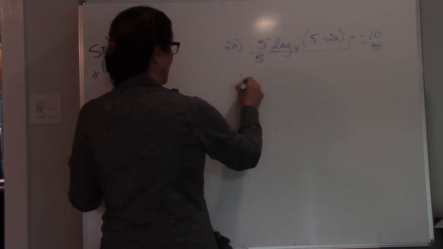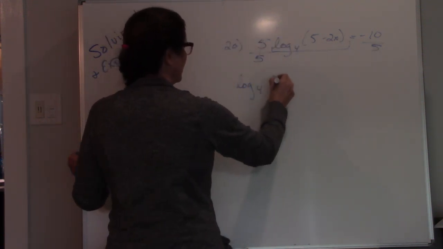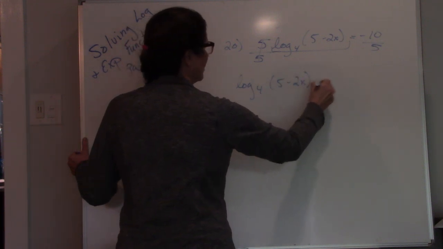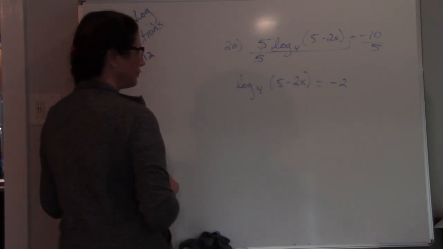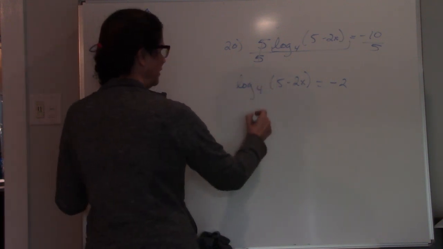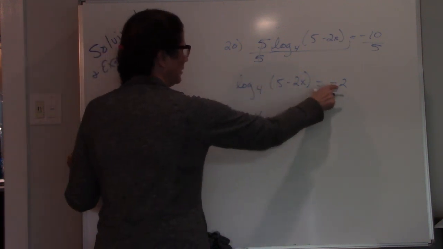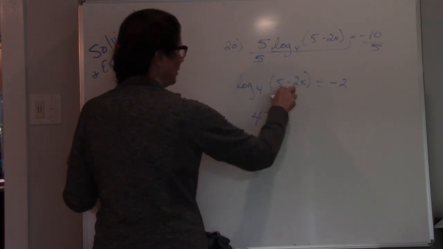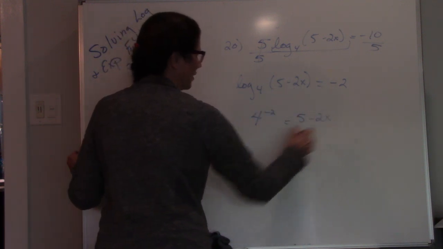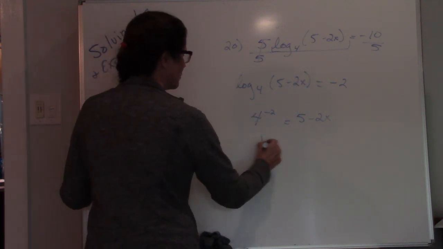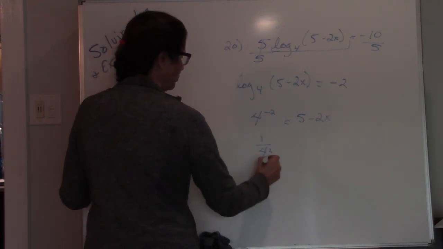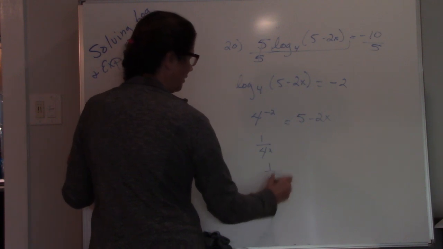So I have log base 4 of 5 minus 2x equals negative 10 divided by 5 is a negative 2. Now it's isolated, so 4 is my base, negative 2 is my exponent, 5 minus 2x is my total. So 4 raised to the negative 2 is 1 over 4 squared, which is 1 over 16.